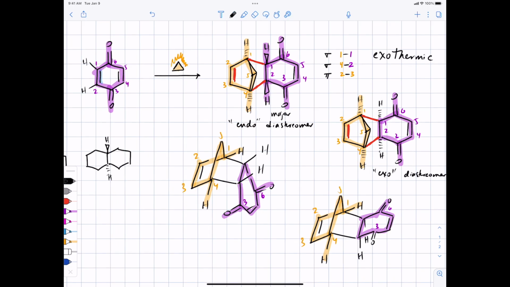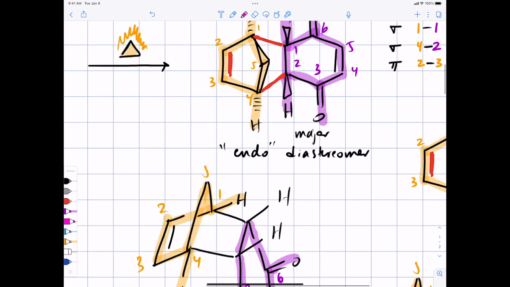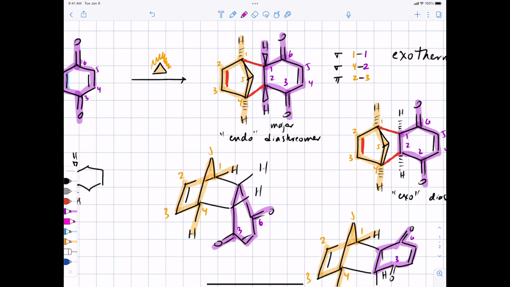Fortunately, there's a lovely mnemonic device present. If you draw the molecule from the side, then you've got orange atom 5, and relative to orange atom 5, purple 3 and 6 are pointing down, like endo, down.